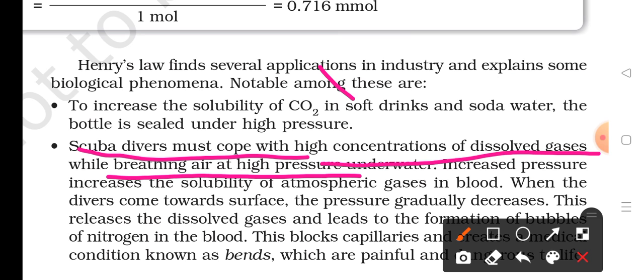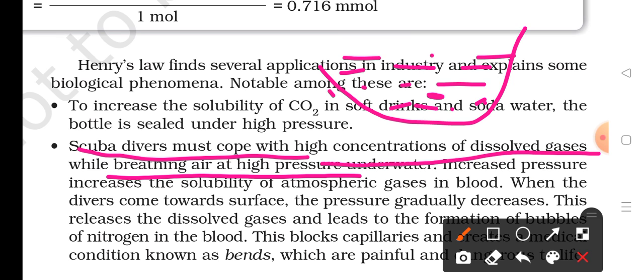If a scuba diver goes under the sea, what happens? They feel a lot of water pressure on them. So the solubility of gas is more in their blood, and when they return, the solubility decreases. Because of this they have some pain in their blood.